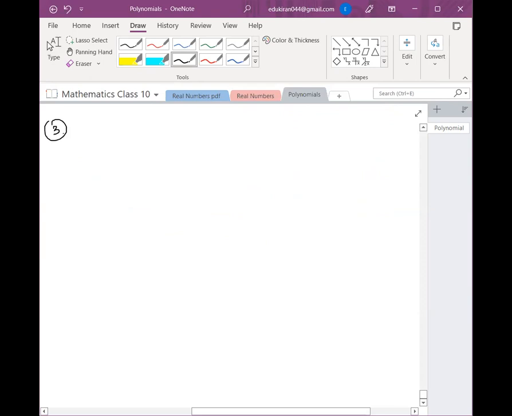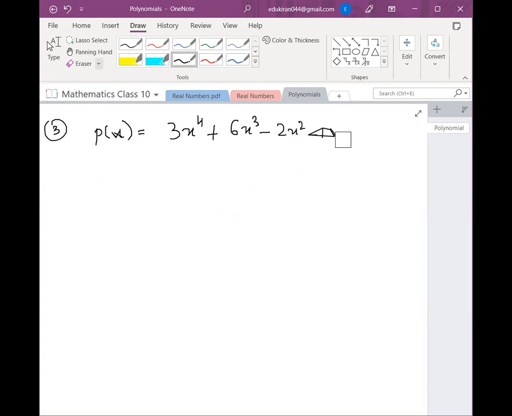Third question. Obtain all other zeros of this polynomial. I'm just naming my polynomial: p(x) is equal to 3x to the power 4 plus 6x cube minus 2x square minus 10x minus 5.